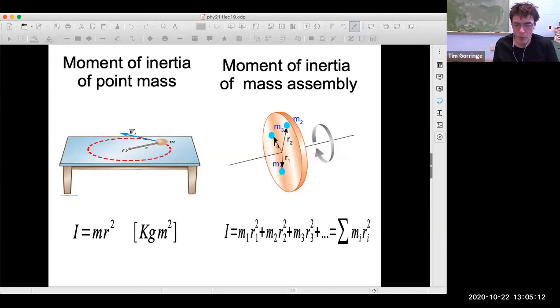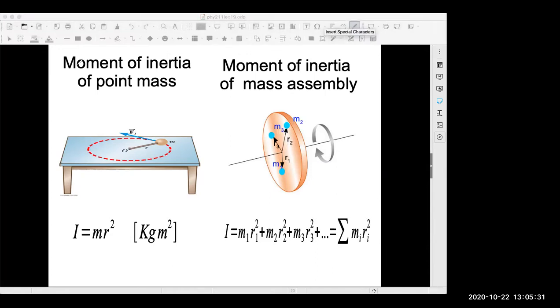We always want formulas. We always want recipes, accurate recipes for calculating things. And we want a recipe, a rule for calculating the moment of inertia. And so I put a couple of equations on this slide. Let's start on the left-hand side over here.